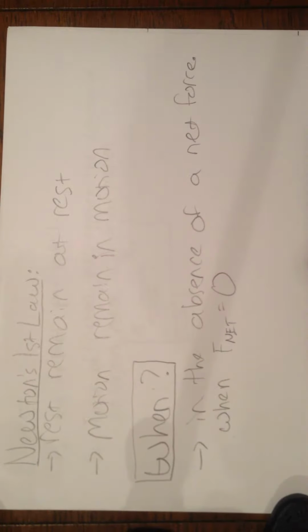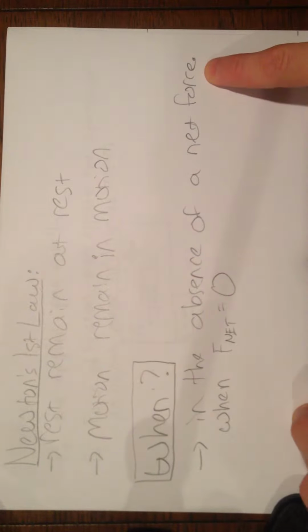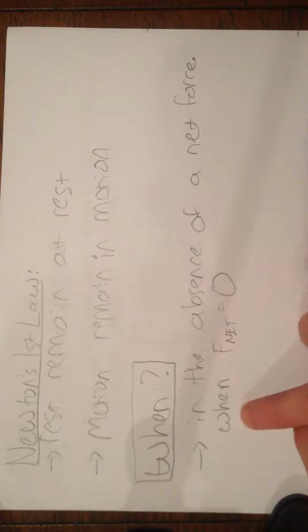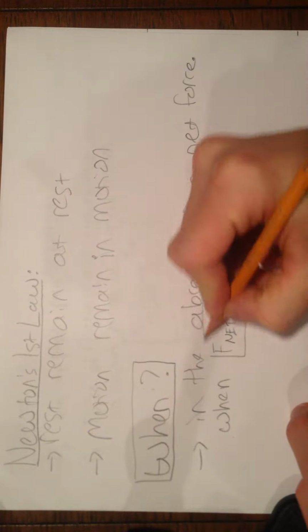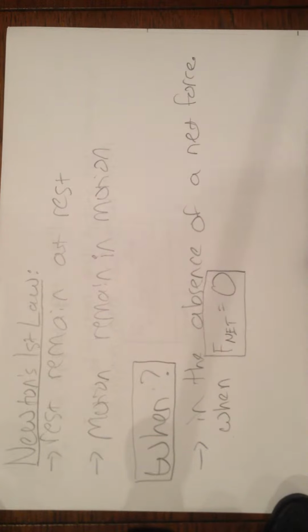The law says, in the absence of a net force. You could read that in your own notebook. Or when F net equals 0. Well, what does that even mean? That means when the forces add up to 0, the positive and the negative forces balance out and cancel out to 0, that's when objects that are at rest remain at rest, or objects in motion stay in motion at a constant speed in a straight line.